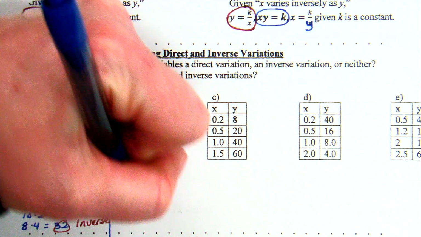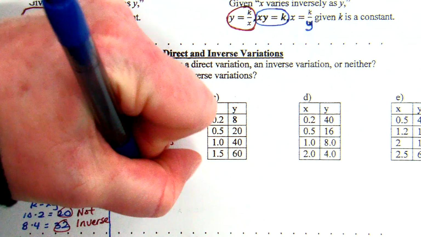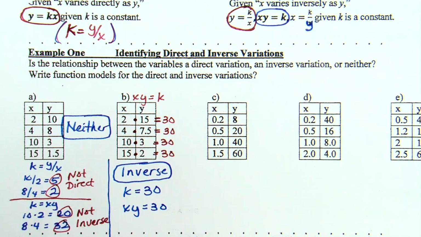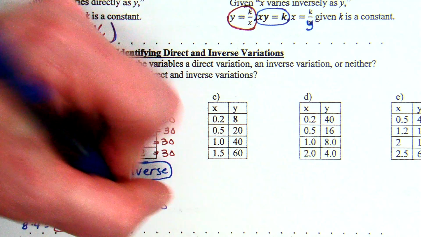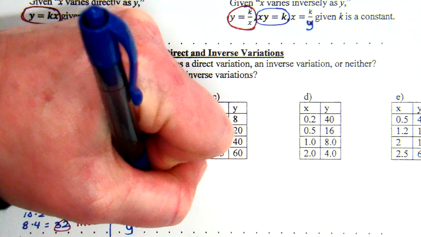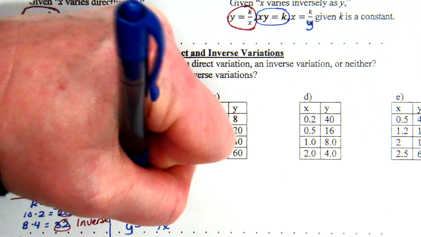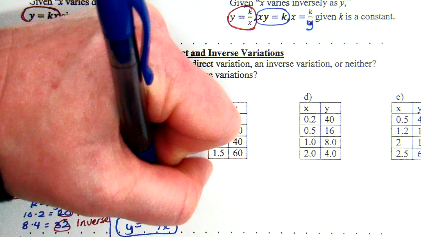So one way to write this is xy equals 30. If I'm grading that, I'm not going to count it wrong. However, usually when they want the function model, they're looking for the y equals version. And so the y equals version, if I want to get y by itself, I can divide by x. And so this is going to be y equals 30 divided by x.